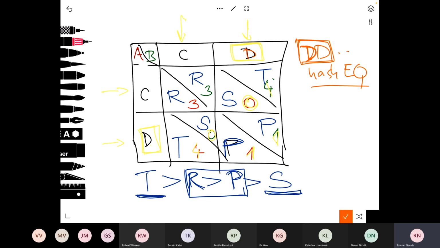So then you're much worse than if you play the D. If you play the D, you have 1 for sure, right? So that's the idea, that the DD strategy is Nash equilibrium.